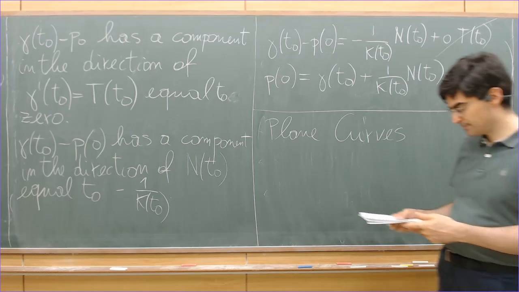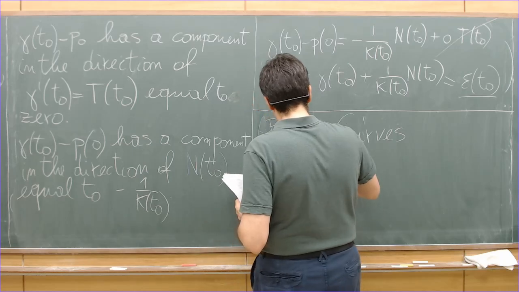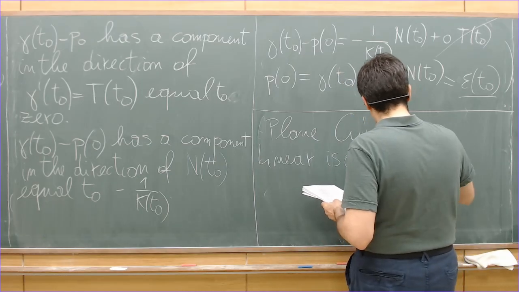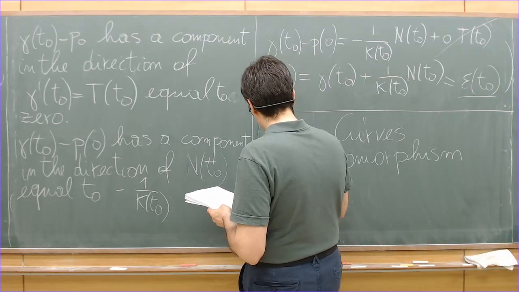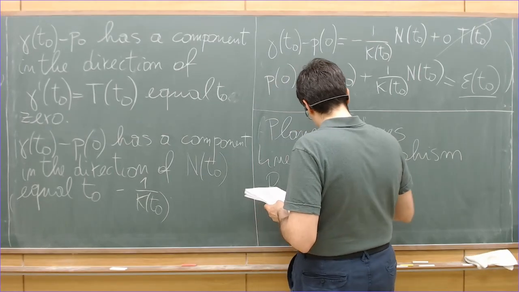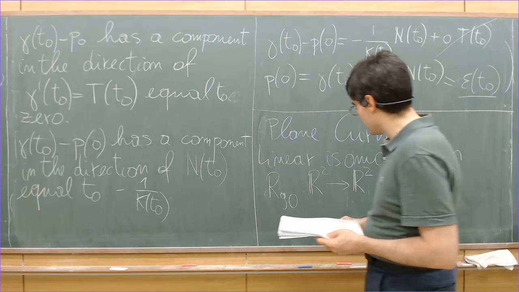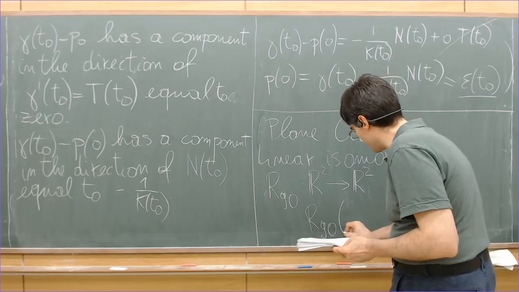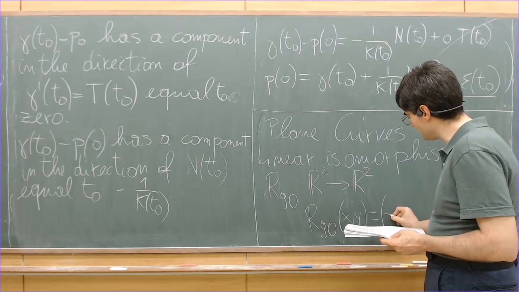In order to study plane curves, we introduce a linear isomorphism denoted by R90, defined in R2 with values in R2 as follows: R90 of x, y is the vector given by minus y, x.